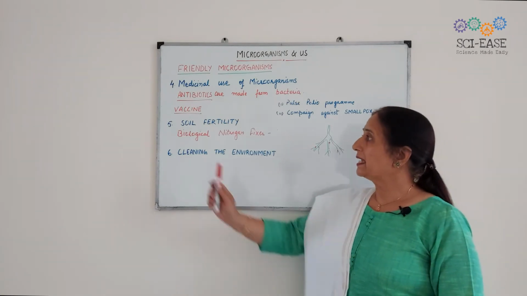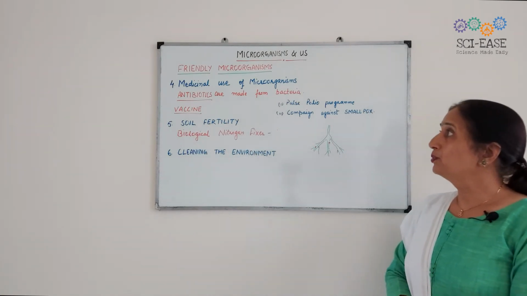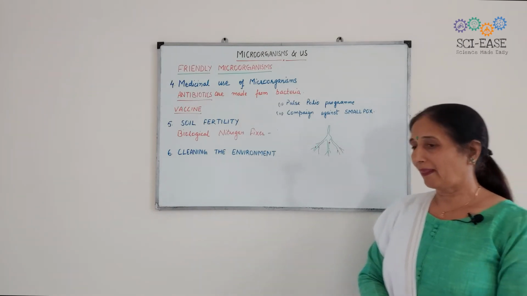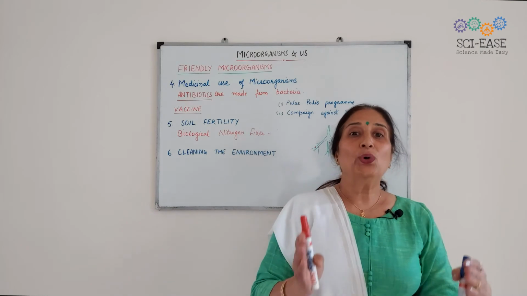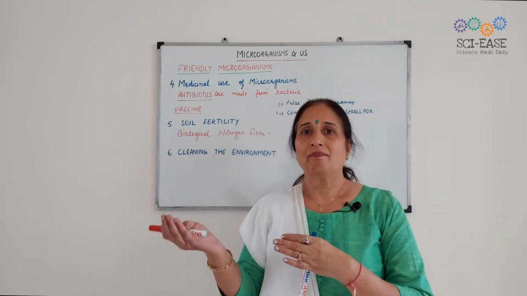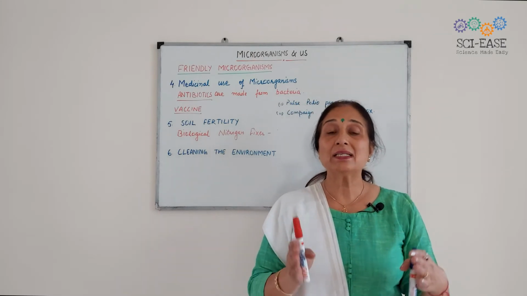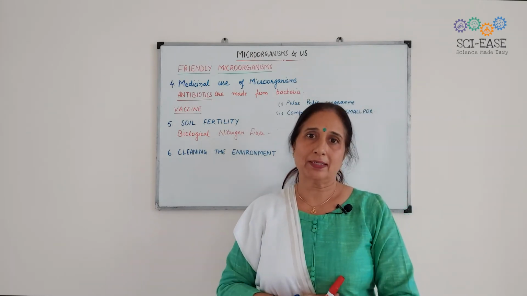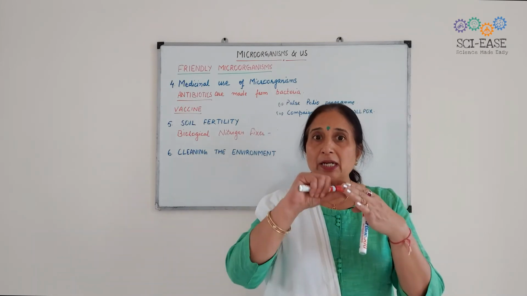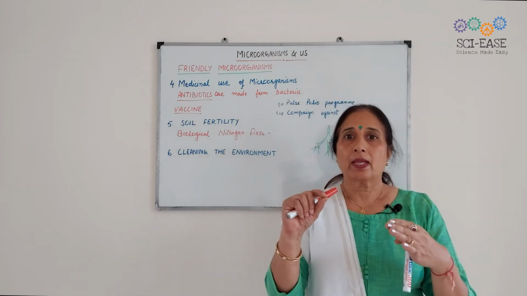Now come to the next use of microorganisms, that is soil fertility. You know, pea plants or gram plants are known as leguminous plants, that is, pod bearing plants.